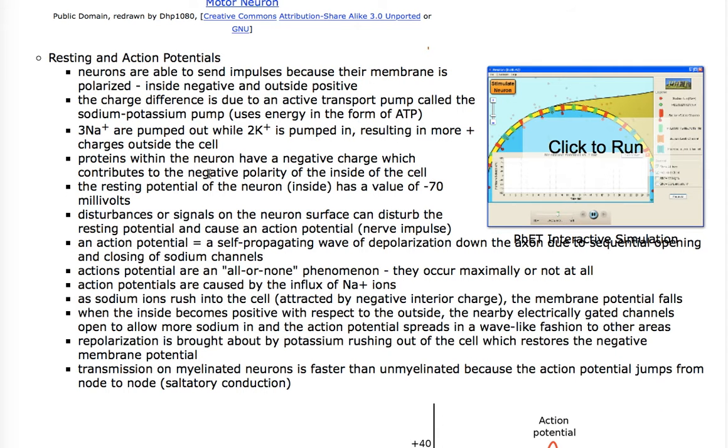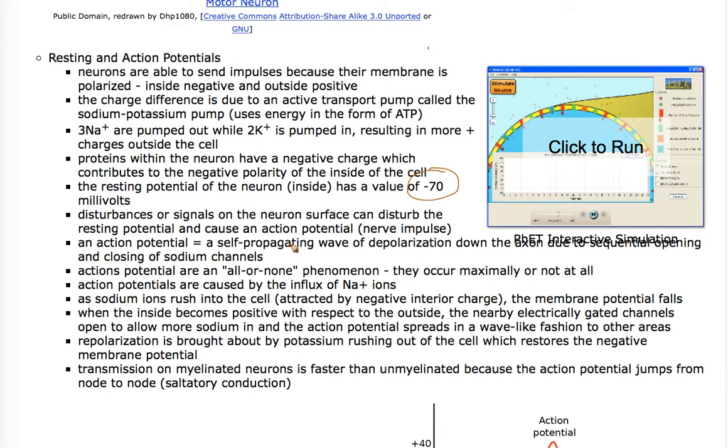Now let's go back here. All right, good. Now, it turns out, we just talked about all the sodium-potassium pumping. 3 sodium ions are pumped out while 2 potassium ions are pumped in. And what this does is it puts more positive charges outside the cell than inside. As a result, the resting potential of the neuron is about 70 millivolts negative on the inside, positive on the outside.